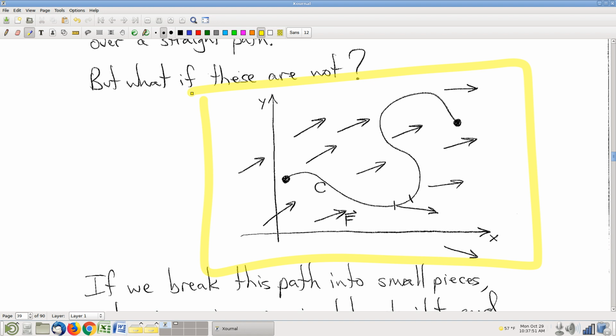Or, totally plausible, same curve, same vector field, maybe the vector field represents the flow of a fluid. If this vector field represents the flow of a fluid, I could still ask, what is that line integral? And we now have a new, physical-ish interpretation of what that line integral represents. Yeah, totally. Okay. All right.